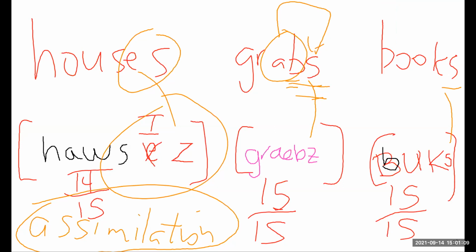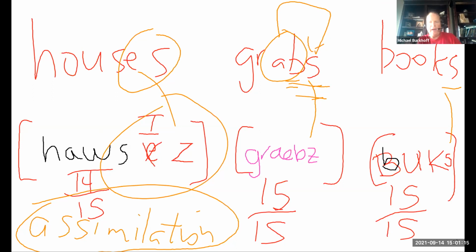Is it because of the K or the X S sound? Books? Okay, let's go back to our definition. So we can say that assimilation is having an effect in all three cases. So let's just look at the K first. Is this a voiced or voiceless consonant?